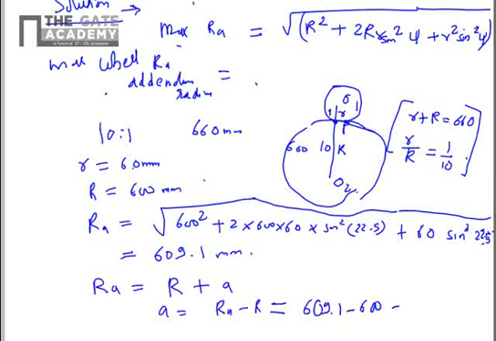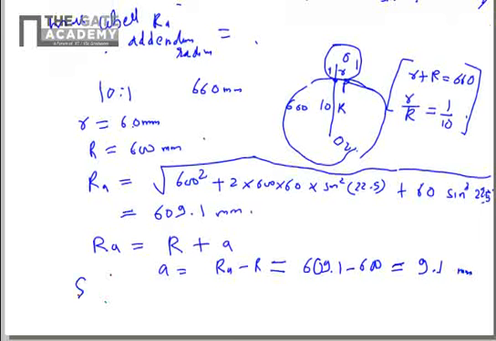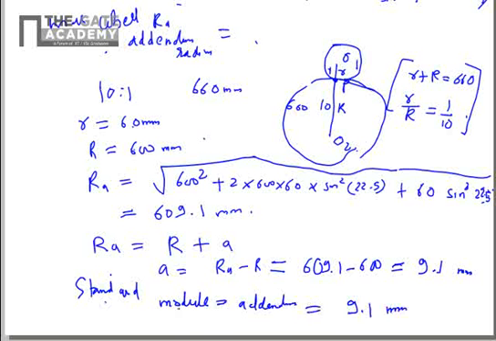We have derived this for the wheel because the limiting case for the interference is the wheel, and hence the addendum is 9.1 mm. Now it is given that the teeth are standard, so the module is equal to the addendum. So the module is equal to 9.1 mm. That is the module of the gears, the same for both the pinion and the wheel, and this is the answer for the first part.